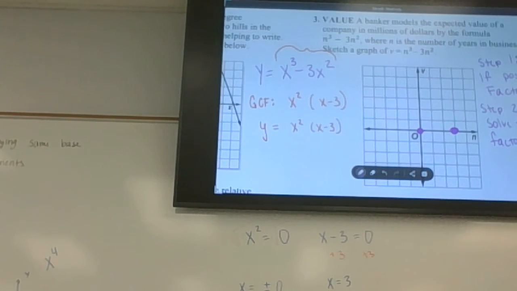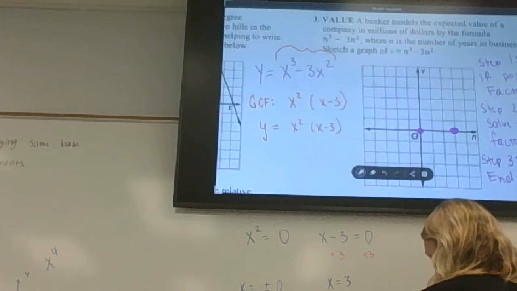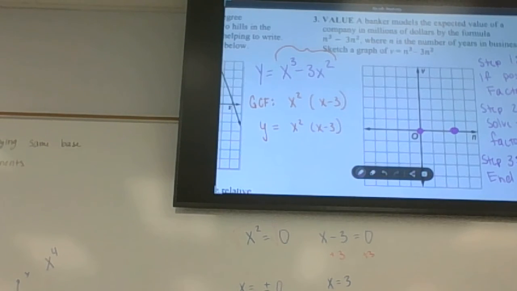So let's talk end behavior. So step 3 would be figure out end behavior. Determine the end behavior.